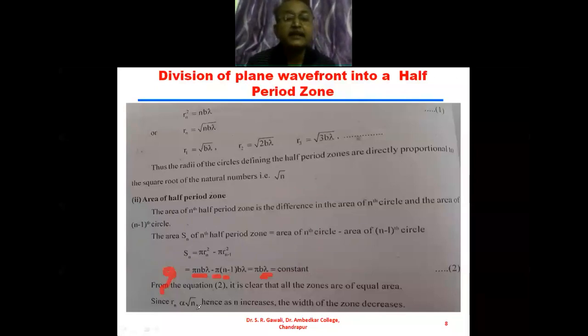Since Rn is proportional to the under root of n, as n increases, the width of the zone decreases. The width of the zone goes on decreasing, meaning the separation between the two circles goes on decreasing as we move away.